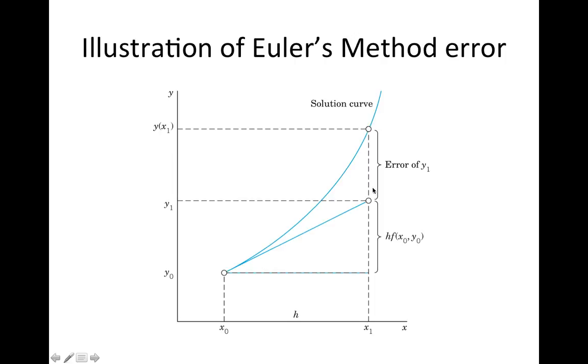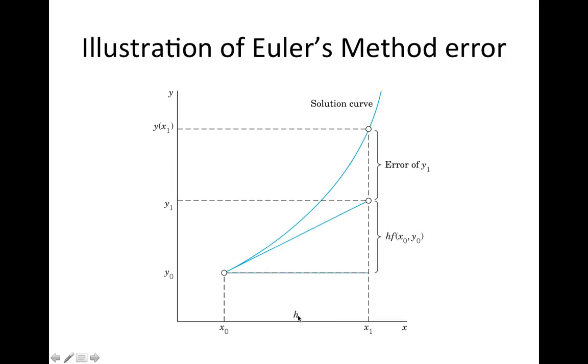So you notice that there is some error in the solution. And now if our next starting point is at point x1, then that error could conceivably get magnified as we increase the number of steps.